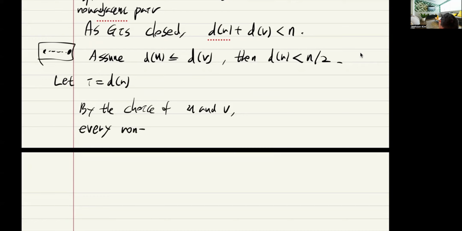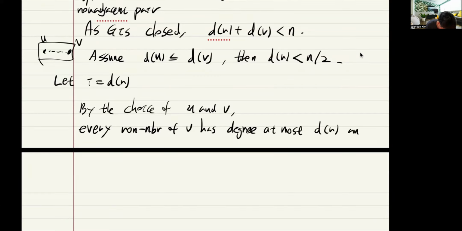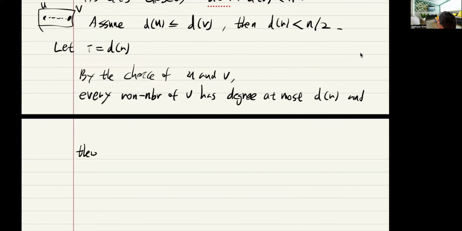Every non-neighbor of v, every vertex which is not adjacent to v, could have played the role of u but didn't, meaning that it had degree at most d(u). And how many are there? There are n minus 1 minus d(v) of them.